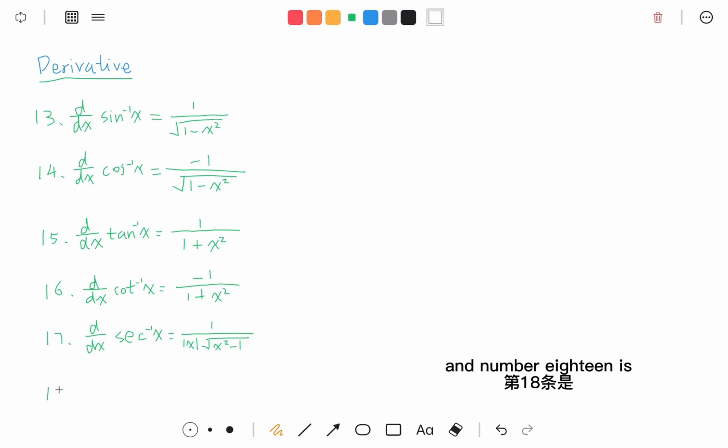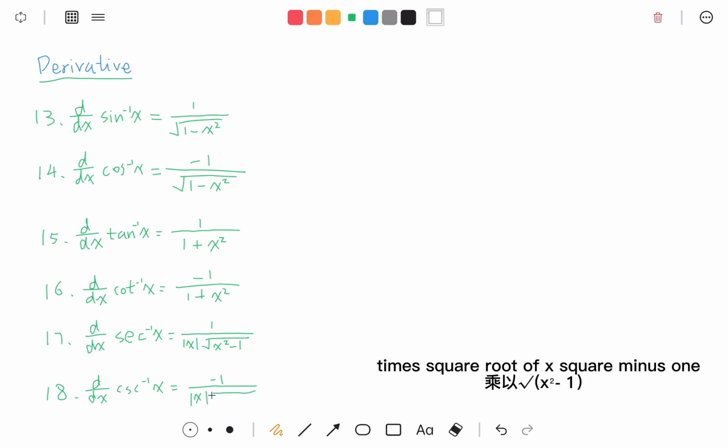And number 18 is d/dx arccsc x equals -1 over the absolute value of x times the square root of x squared minus 1.